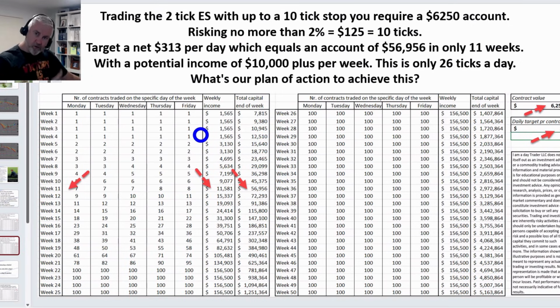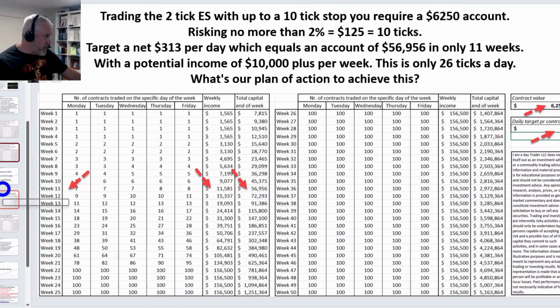Then you get another, in this particular case 625, then you go to the next one. So you're adding contracts as you build your account with the market's money, and you're only going to be trading 2 contracts when you've got $12,000, $13,000 in your account.